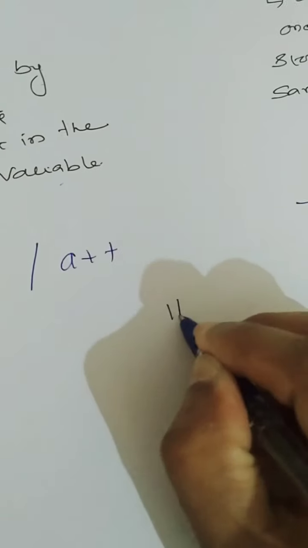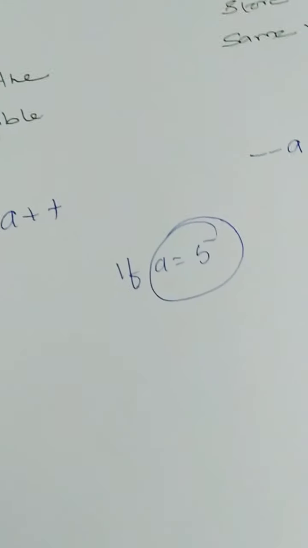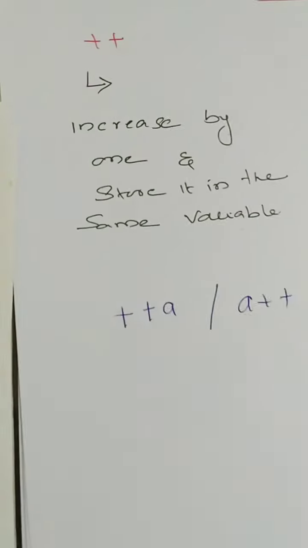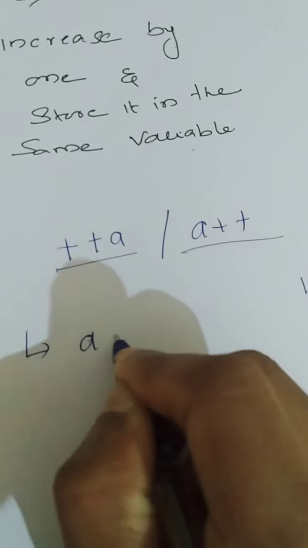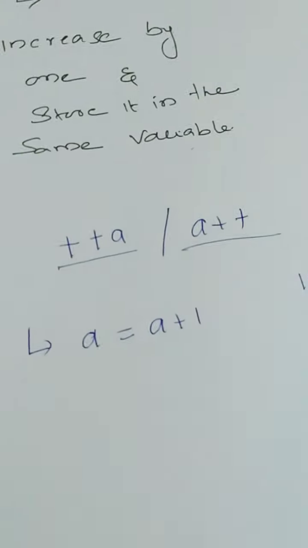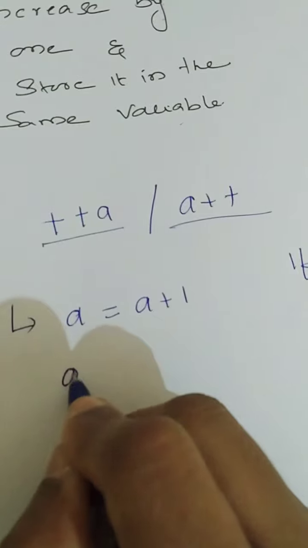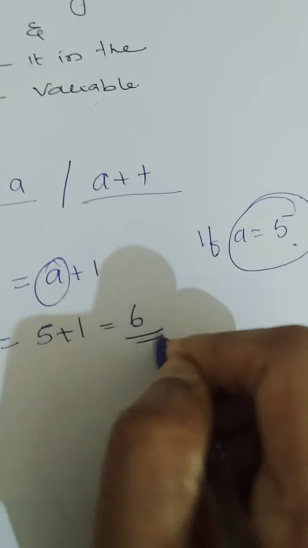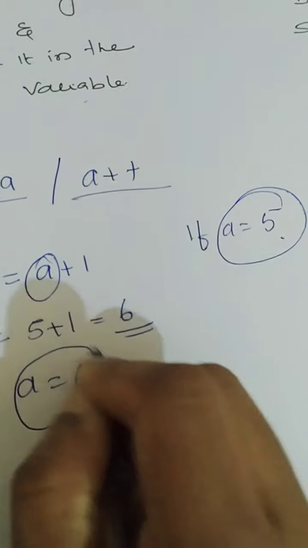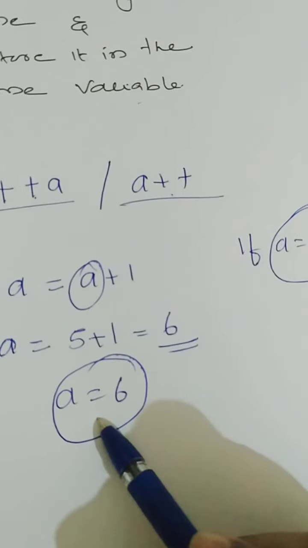Suppose a's value is equal to 5, then plus plus a or a plus plus means a is equal to a plus 1. That means a's value is 5, 5 plus 1 is equal to 6. Now a's value is 6. So after plus plus a or a plus plus, a's value will become 6.